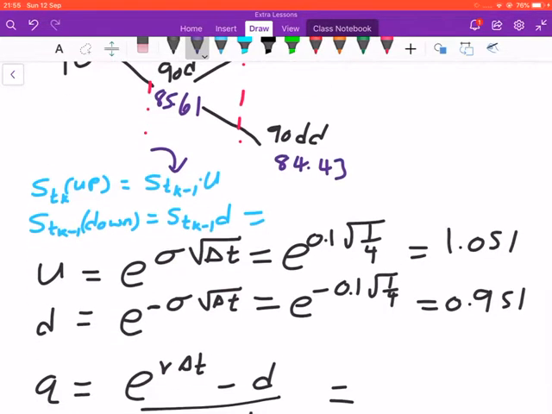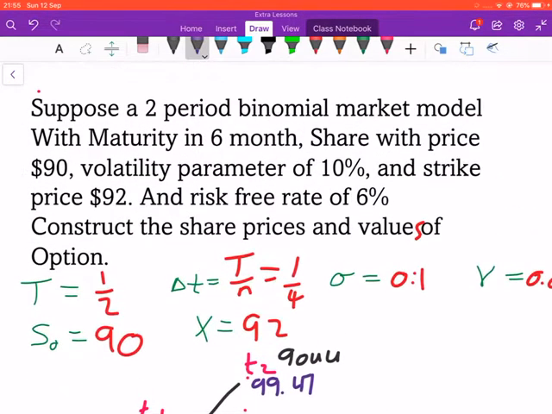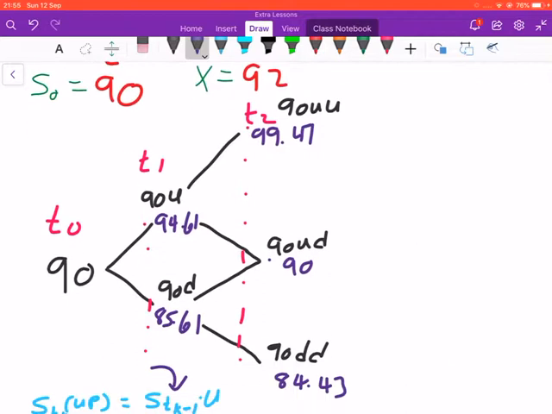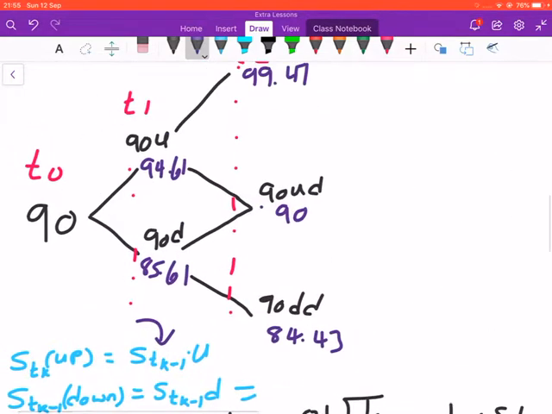So now there are two questions. Remember, it says construct the share prices. Now you already have constructed the share prices. Now you're going to find the value of the option. As I already said, the value of an option at maturity. Remember, this is a European option. It can only be exercised at maturity. So to find its value, you need to calculate its value at maturity.